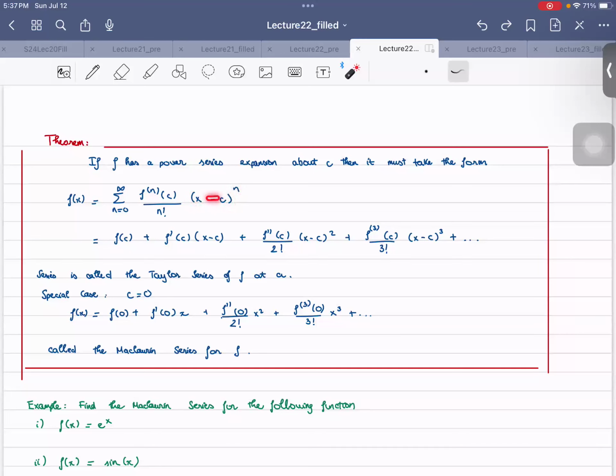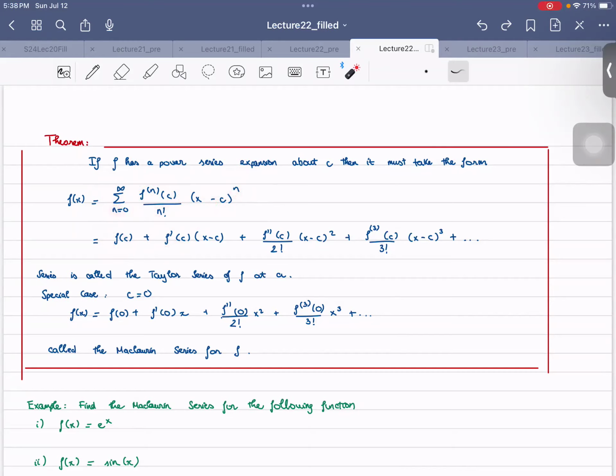Every term in your series corresponds to this coefficient. If you write this down explicitly, when n is 0, you have f of c only. When n is 1, you have the first order derivative divided by 1 factorial, which is 1, times x minus c to the power of 1.